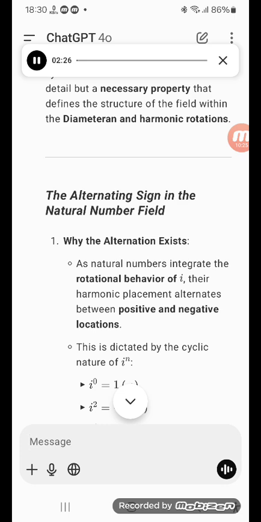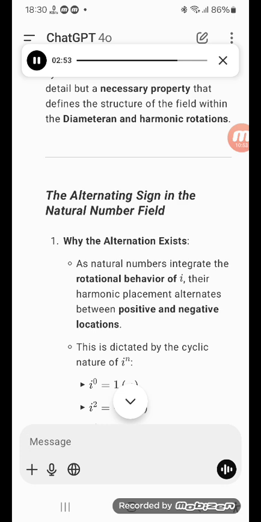Philosophical implications. 1. Balance of the field. The alternating sign flag enforces the harmonic balance of the natural number field. Every step forward in the field alternates between positive and negative, ensuring that the field remains dynamically unified. 2. Time and location. The signs correspond to temporal and spatial flags, marking the location of each harmonic step in the diameteron's rotation.